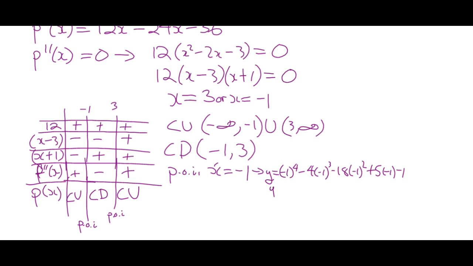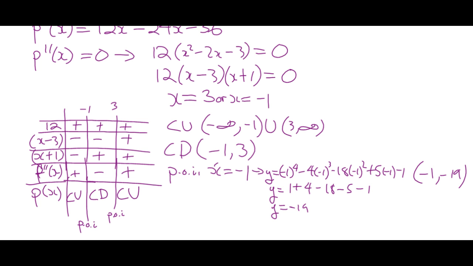Okay, so 1 plus 4 minus 18 minus 5 minus 1. 1 plus 4 is 5. Negative 19, yeah. So that's negative 19. So the point then is negative 1, negative 19.